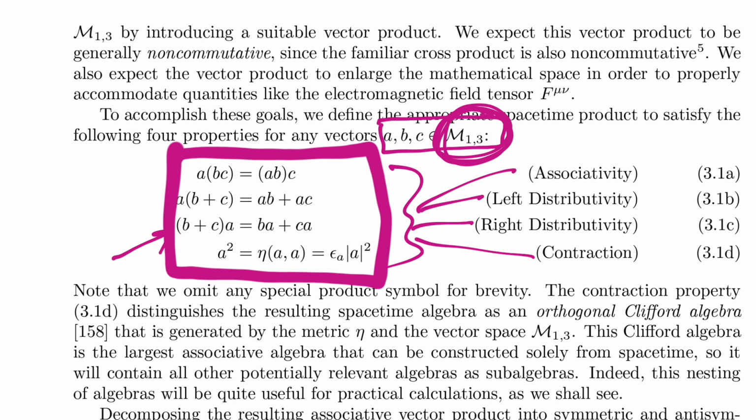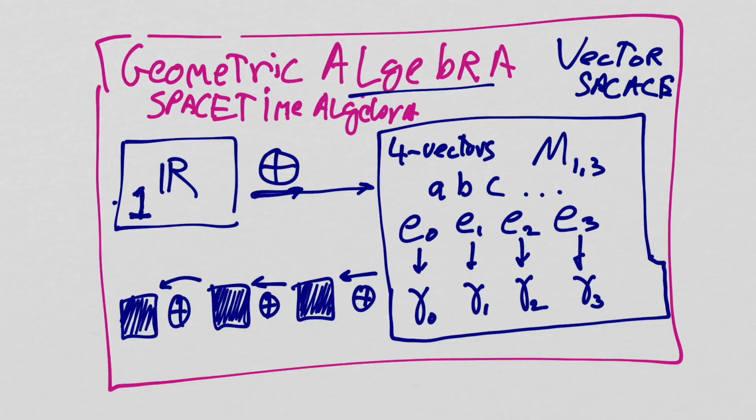The whole theory flows from these 4 properties. But these are not members of the geometric algebra in its entirety. They're only members of the little subpiece of the geometric algebra, M13. These are rules for 4 vectors. They're not rules for any of the other elements of the geometric algebra.